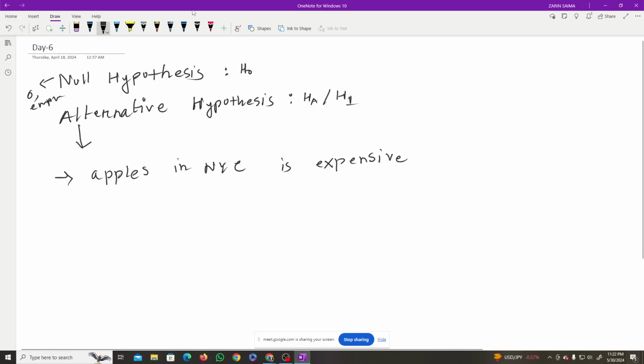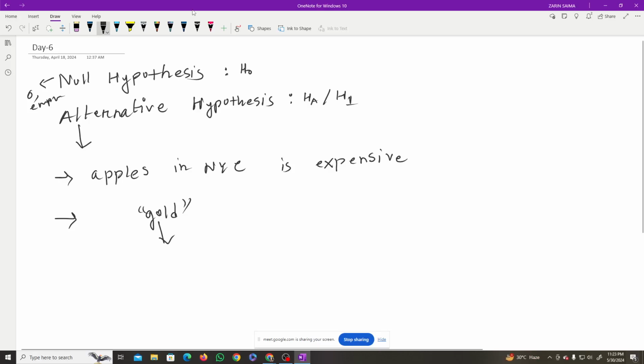Then let's move to another example. Let's say we say users are buying MacBook Air M1 more, the shade gold is more popular among users. Can we say that it is worthy of hypothesis testing? This is not worthy of testing, right? Because it is just a statement right now. There is no proof or data that it is more popular.